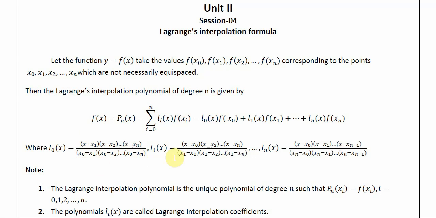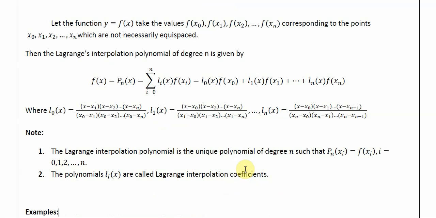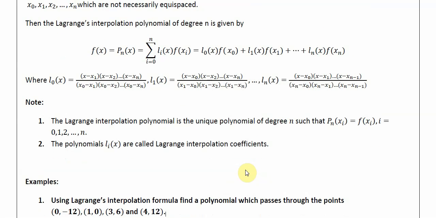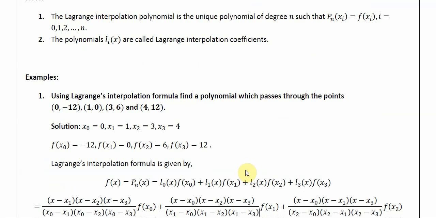The same thing in L1 of x: x minus x1 is not there, and in the same numerator I will substitute x as x1. Similarly in Ln of x, I substitute xn, and that makes my denominator. The formula looks very complicated, but if you apply it for a numerical problem and solve it, it is very much simpler than all the previous formulas. And this is the Lagrange's interpolation formula.